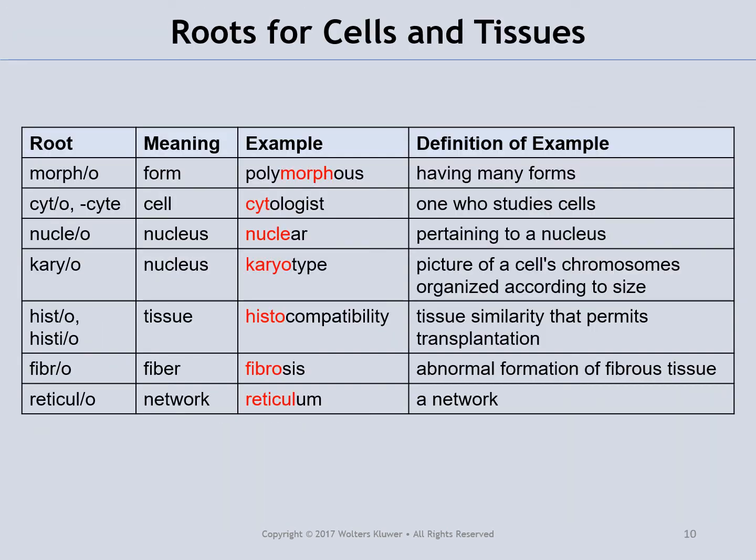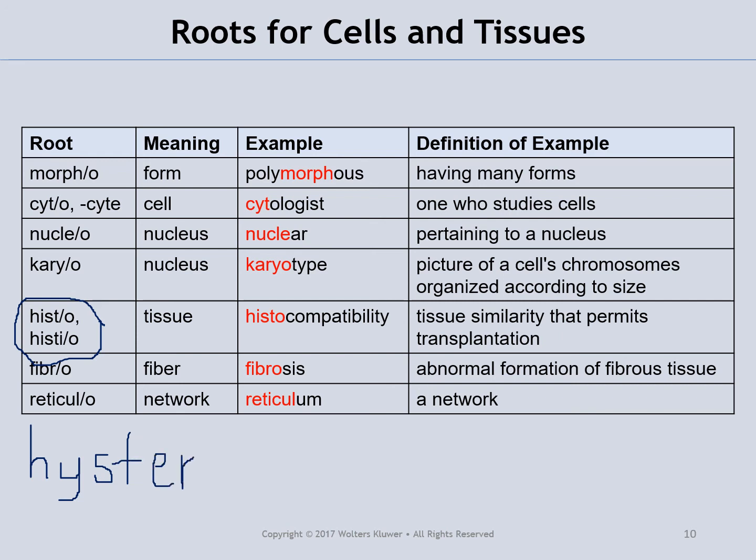Okay, lots of combining forms here that refer to cells and tissues. There are a few that I would point out in particular, histo and histio, for example. Both of these refer to tissue. Please do not confuse these with, and I'm sorry my writing is a little goofy, H-Y-S-T-E-R.